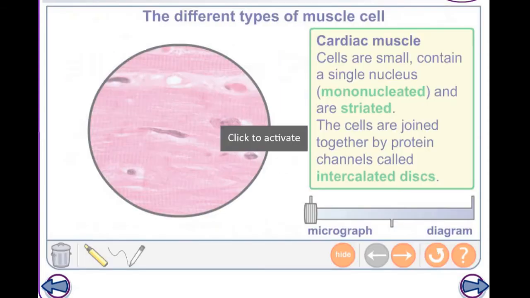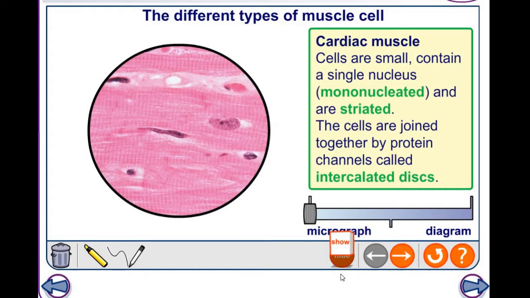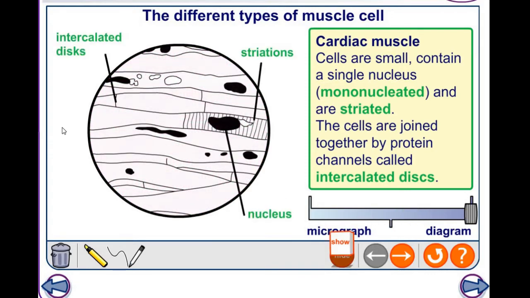So we're now going to look at photomicrographs and images of muscle. So you need to be able to, from an image, or I'll find some exam questions that are similar to this, be able to identify the type of muscle you have by the image. So if I just go to a diagram to start with, and if we show the labels, you can see from the structure of cardiac muscle, it's not very uniform. There's these kind of layers that we can see of the cells, but it's not perfectly segmented like skeletal muscle is.